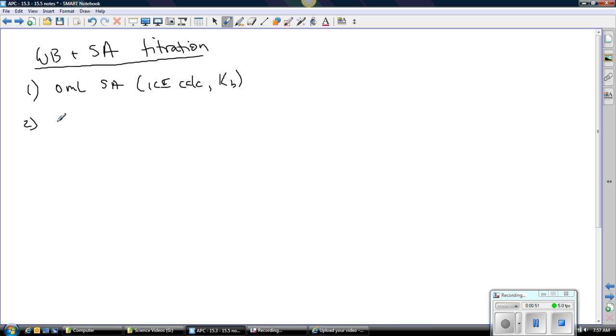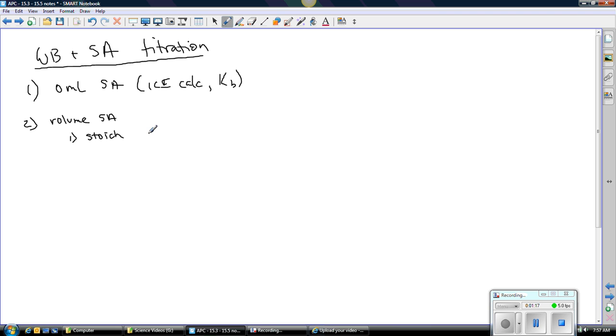The second situation is we start adding a certain volume of the strong acid, and we now have a two-part problem here. The first thing you have to do is a stoichiometry problem. What's going to happen is that base is going to be consumed by some of that acid.